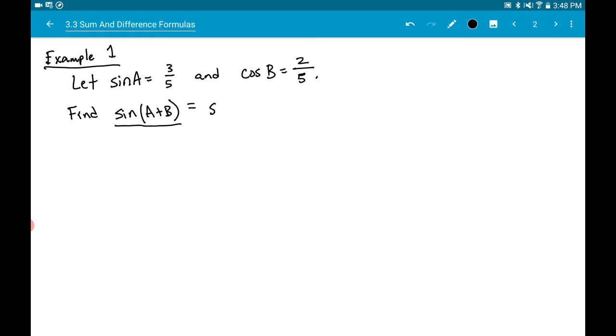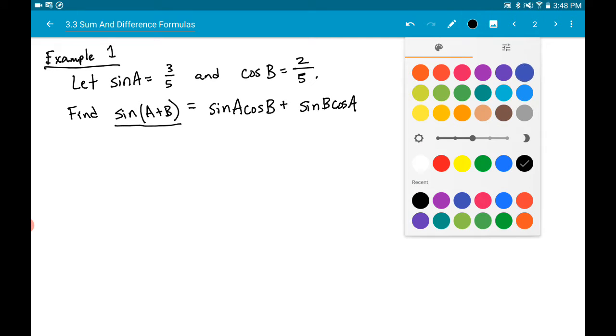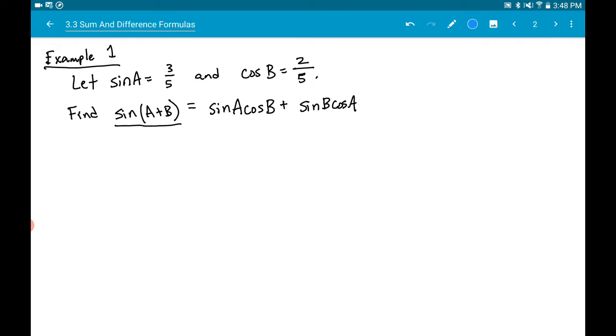So I got sine A cosine B plus sine B cosine A. And a couple of these things are already given to us, meaning that cosine B is 2/5. That's going to be put right there. And sine A is 3/5. That's going to be put right there. So if you think about this, it's going to be 3/5 times 2/5.